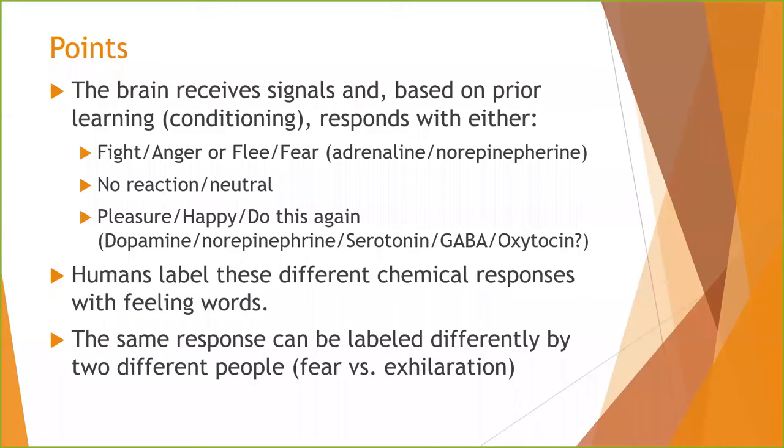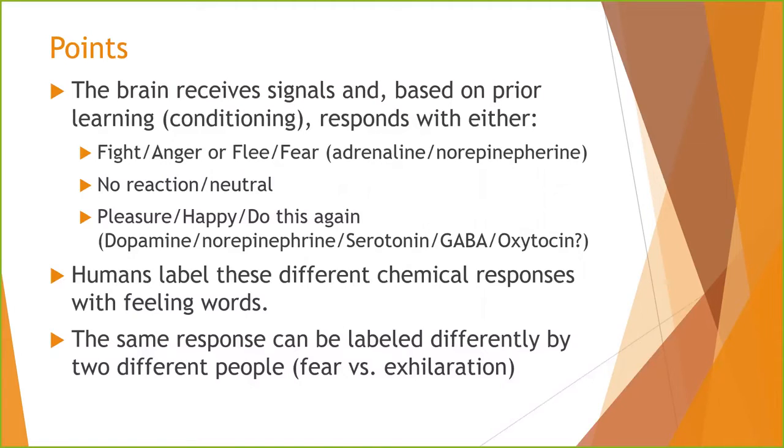The third option is your brain receives a signal that something is pleasurable. It makes you happy. You want to do it again. It is self-sustaining. It's going to promote survival. So your brain will secrete dopamine, norepinephrine, serotonin, GABA, and maybe oxytocin. Not all of them necessarily, but basically you have an increase in your happy, relaxation, I want to do that again, learning chemicals.